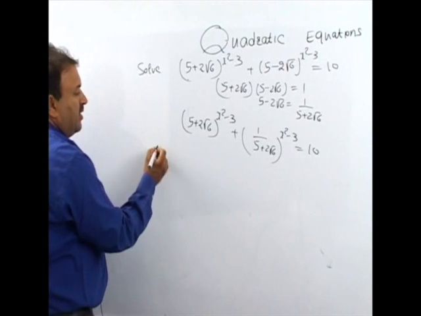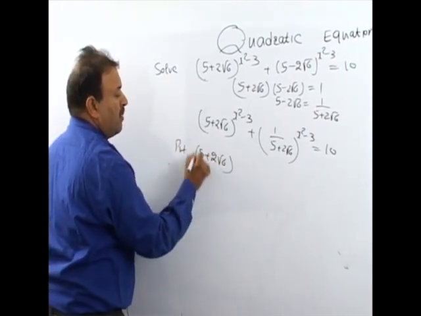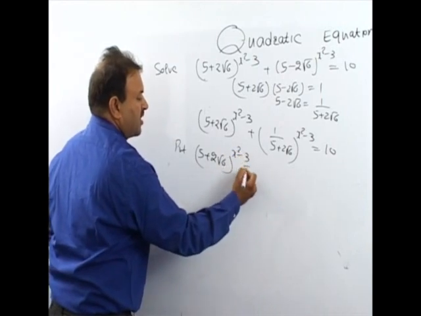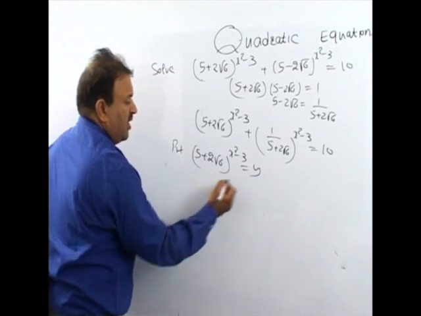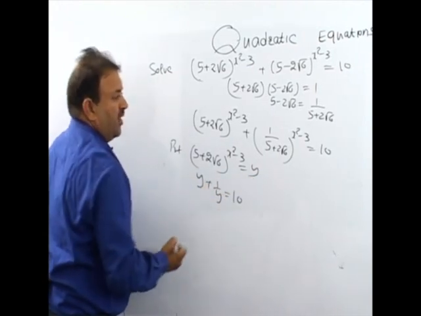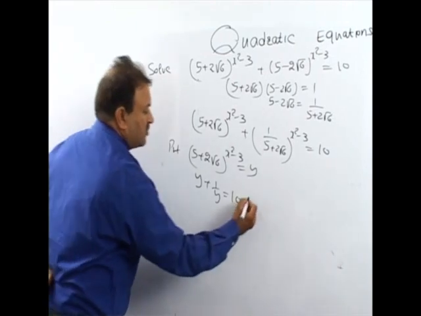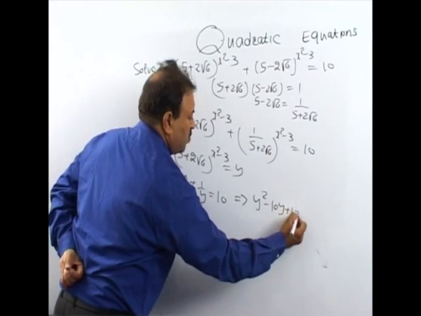To make it quadratic, put 5 plus 2 root 6 the whole power x square minus 3 equal to y. Our equation will become y plus 1 over y is equal to 10, and it comes out to be y square minus 10y plus 1 is equal to 0.